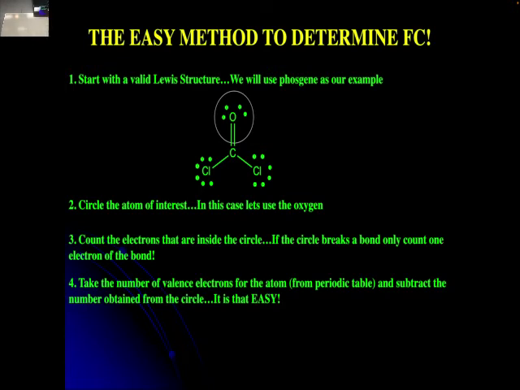So let's look at nitric acid. Nitric acid is HNO3. It's a strong acid. Let's put in all the electrons. Now, overall, nitric acid is neutral. Okay?